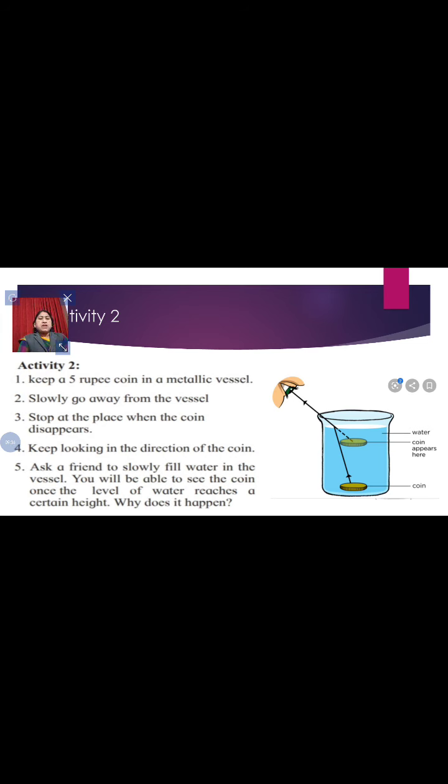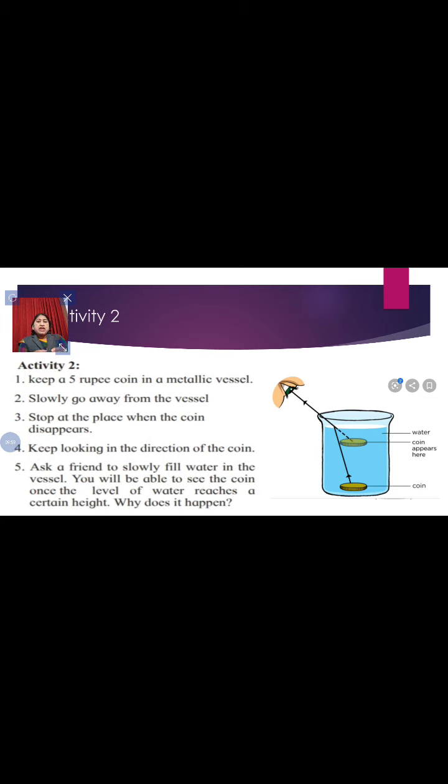Stop at the place when the coin disappears.